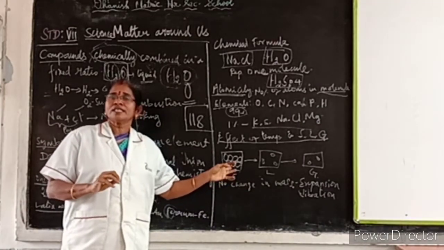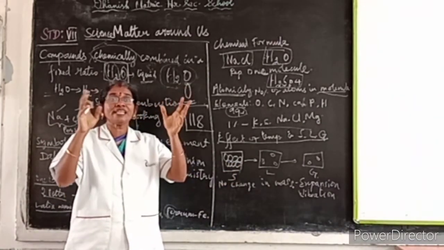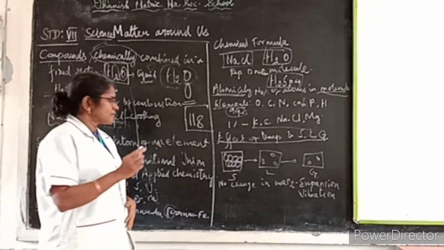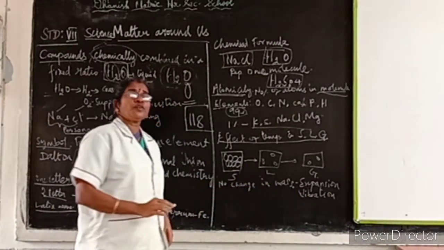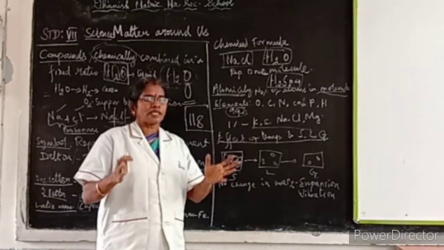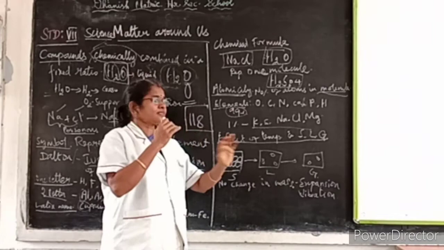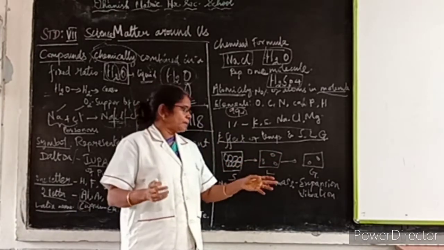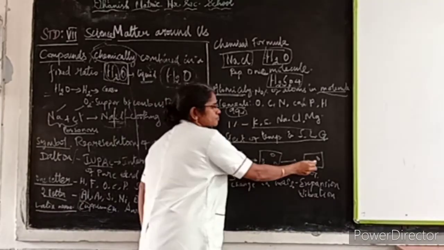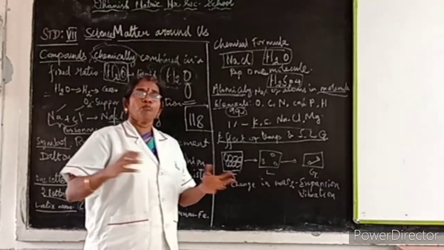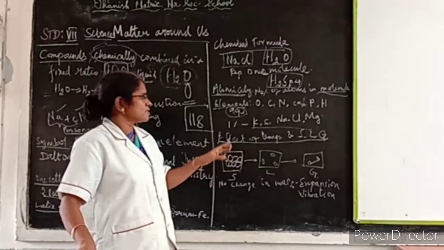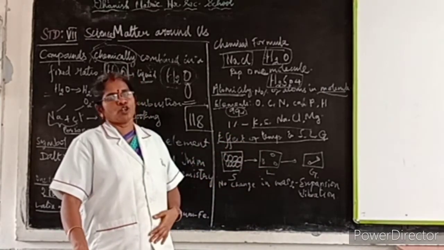There will not be any space between the molecules or atoms. Clear? The next one is liquid. In liquid the molecules are loosely packed, and in gases, the distance between the 2 molecules will be more. So based on the arrangement of molecules, I can explain this effect of temperature.